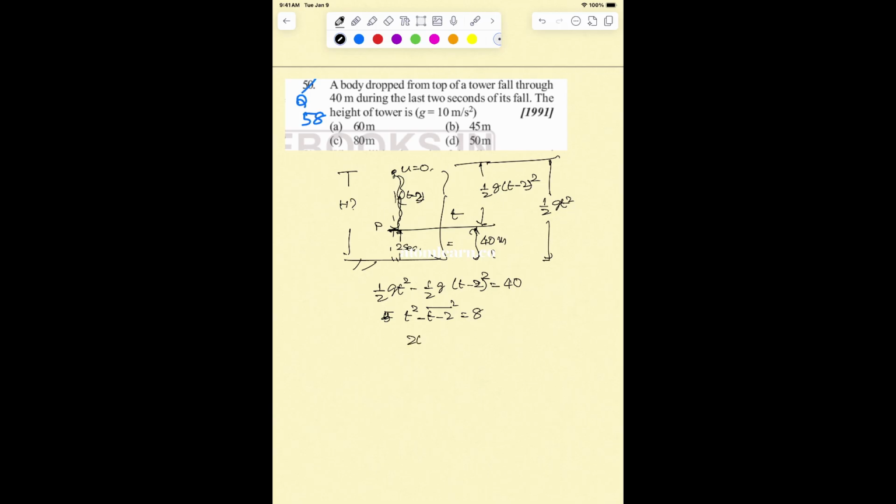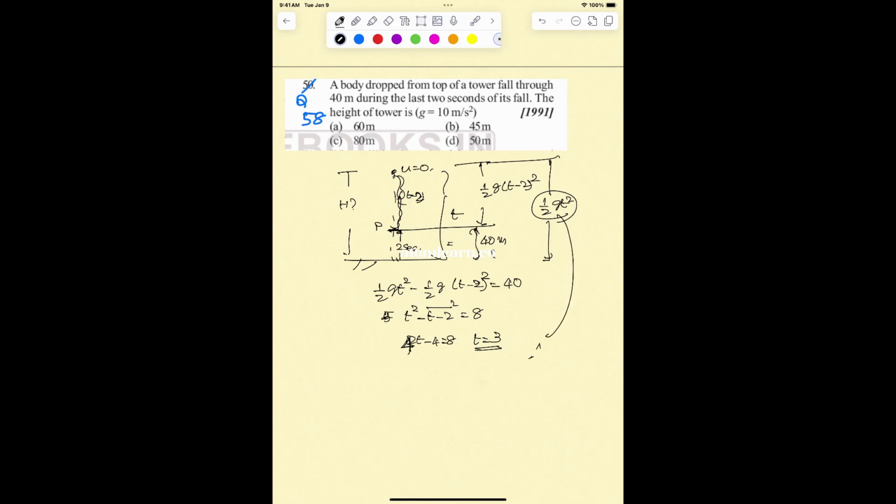Understood? Therefore, t squared is gone, then this is minus, or rather plus 4t, then minus 4. 4t minus 4 is equal to 8. Therefore t is equal to 3 seconds.